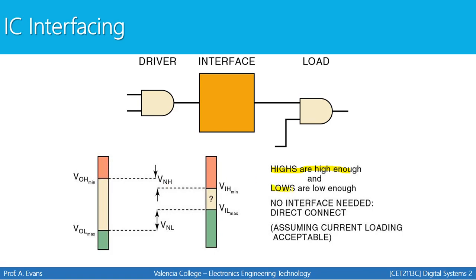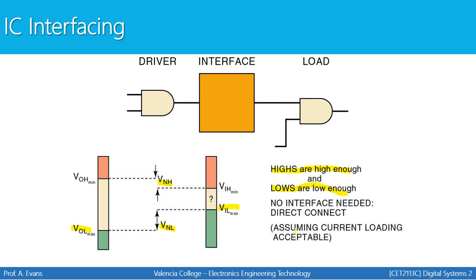And are the lows low enough? Meaning, is the output low from the driver low enough that the load will interpret it that way? We also want to consider that with a noise spike. And if we can say that yes, the highs are high enough and the lows are low enough, even with a noise spike, we don't need an interface.